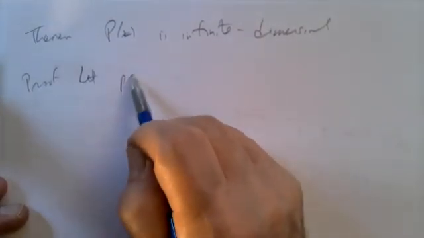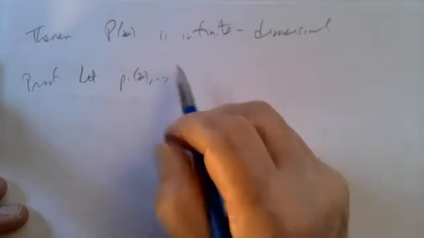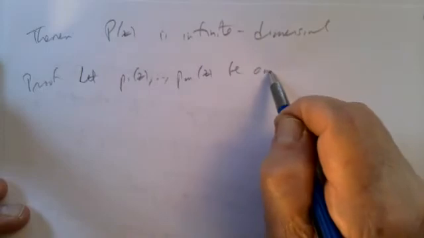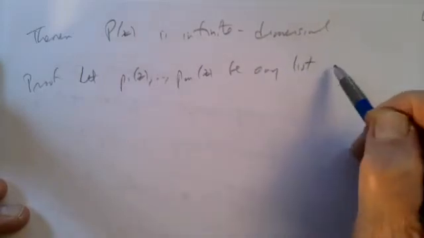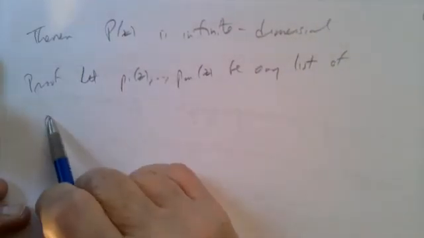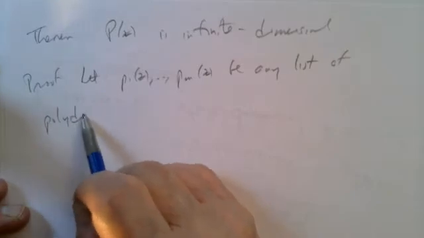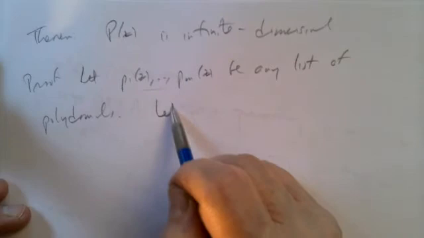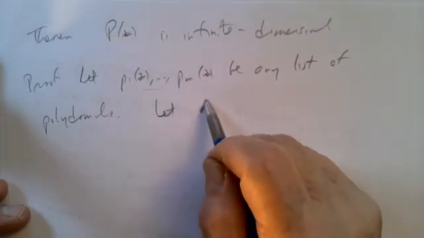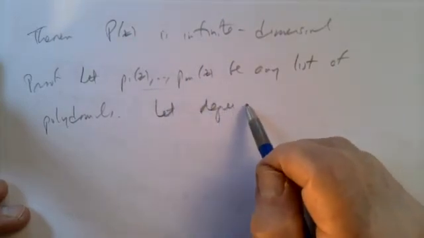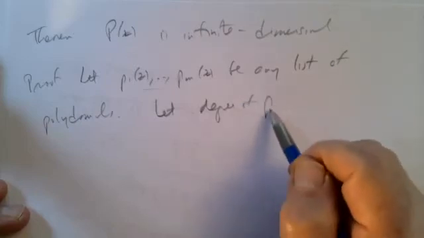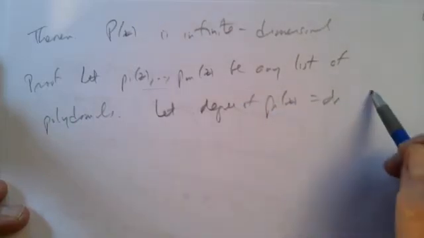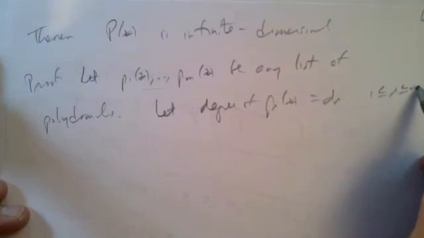Let P1 of z up to P sub m of z be any finite list of polynomials. Suppose we let the degree of P sub i of z equal d sub i for all of these m polynomials.